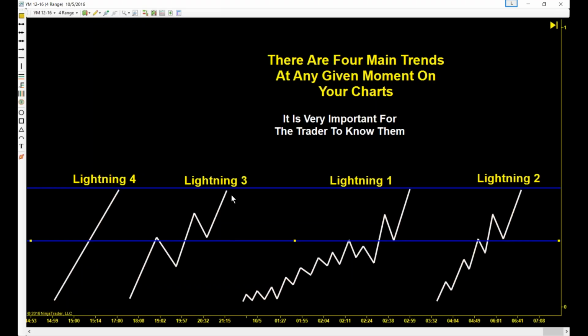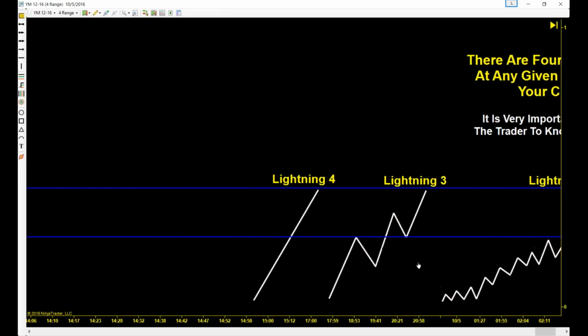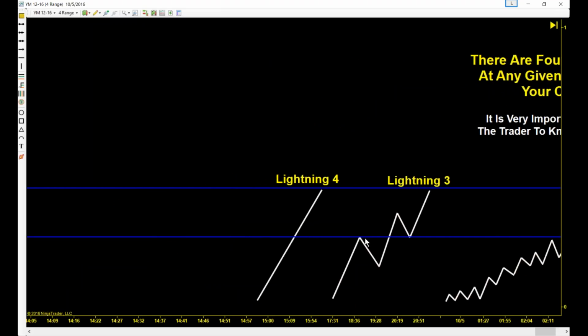Now, in this particular instance, lightning 3 would have been your stop to begin with, right? But not on this trade here. Remember when I said we're looking at this trade here, just going to here, where would our stop be on this chart? And you have to look the same way. You have a high, a low, a higher high.